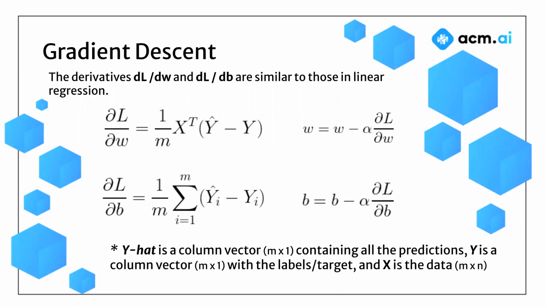The gradient is the vector of all the partial derivatives, so the partials of L with respect to W and B. The key math idea is that if you follow the negative gradient direction, you're optimizing the function the fastest, going down the cost function the fastest.